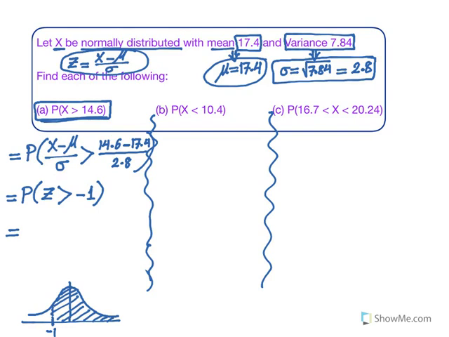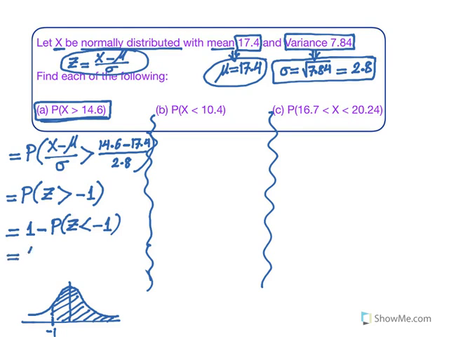That is the probability z bigger than -1. But in order to use the z-score table, we need probability of z less than -1. So we change this because we know that the total area is 1. So this will be 1 minus the area to the left of -1. So this would be the answer.